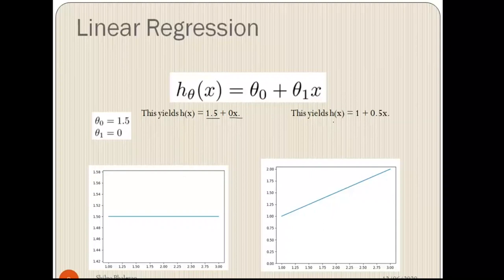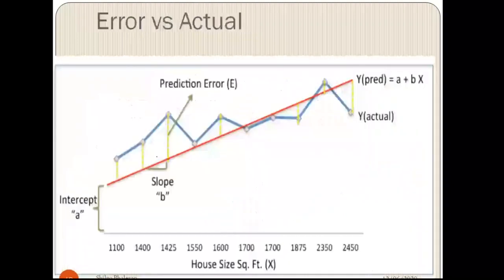If theta 0 is 1 and theta 1, the slope, is 0.5, the line will be this. So we are tuning the parameters to identify the best fit line.